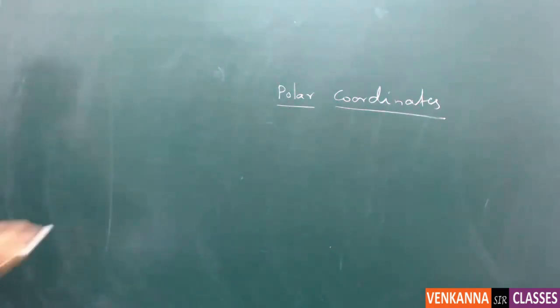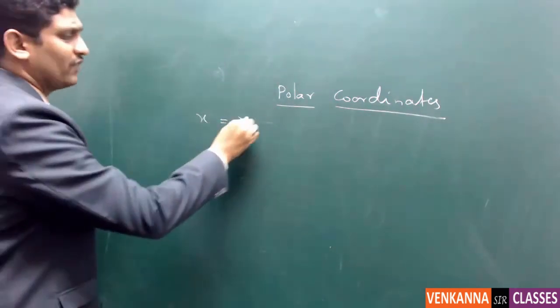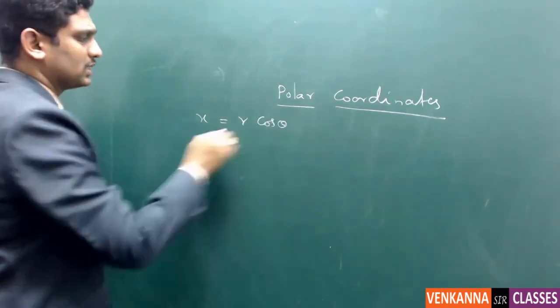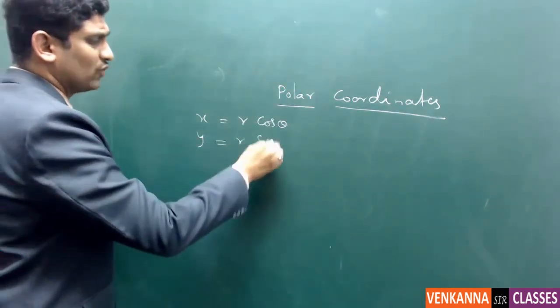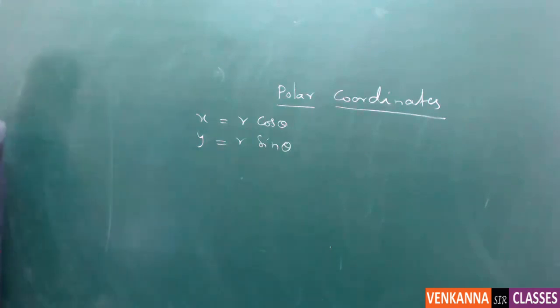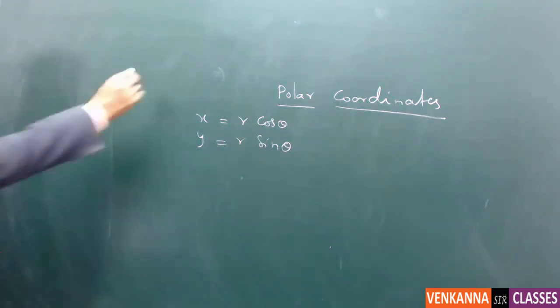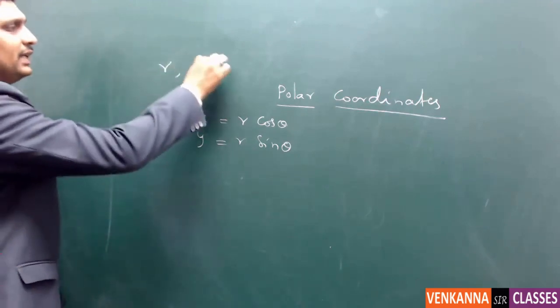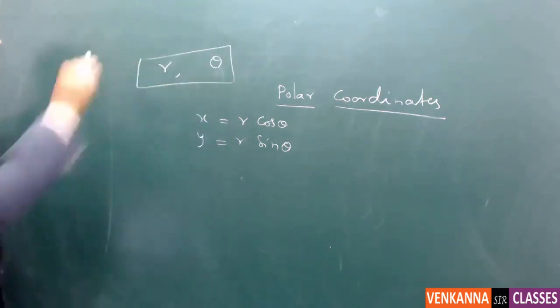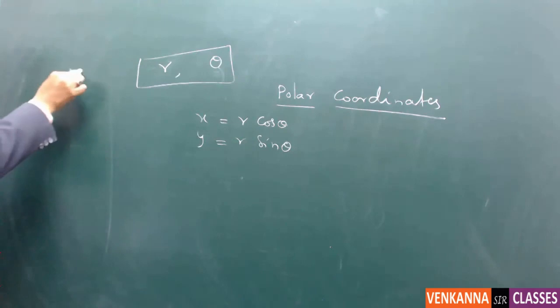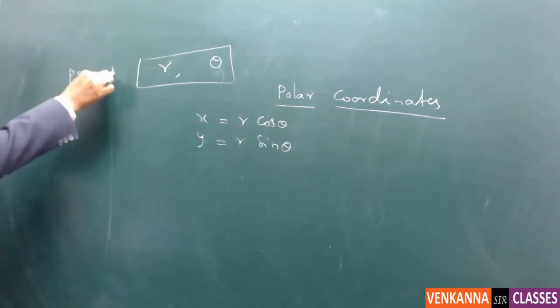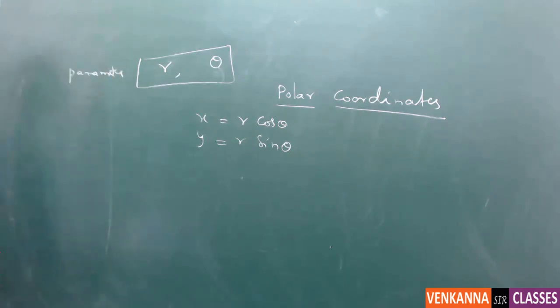As we know, we represent x and y as x is equal to r cos theta, y is equal to r sin theta. So here, whenever the equation is given in terms of r and theta, having a parameter, we say that the given family is given under polar coordinates model.